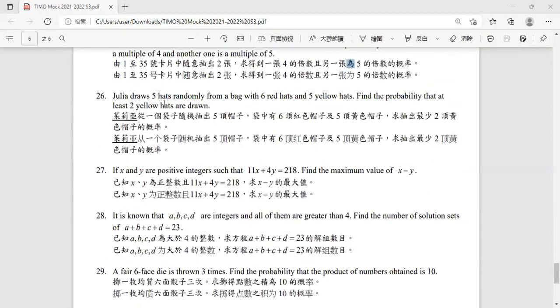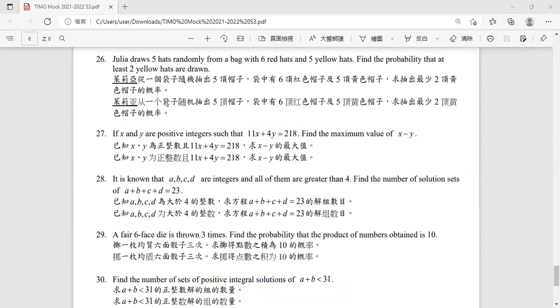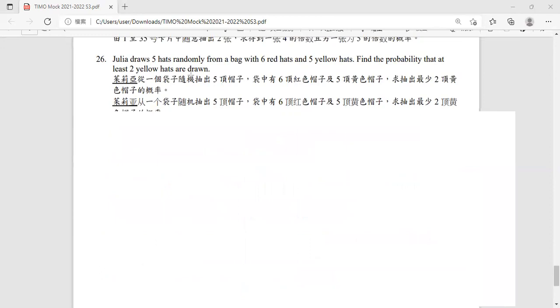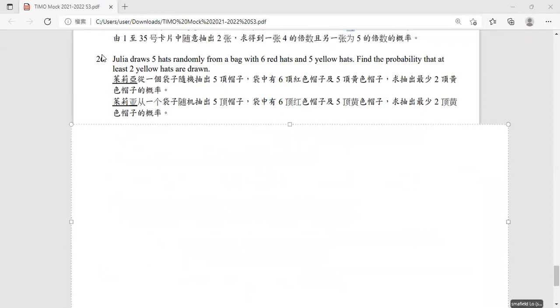Okay, 26. Julia draws 5 hex bolts from a bag with 6 red hex and 5 yellow hex. Find the probability that at least 2 yellow hex are drawn. So at least 2 yellow hex are drawn means that you don't have the case of only 1 yellow hex or no yellow hex.